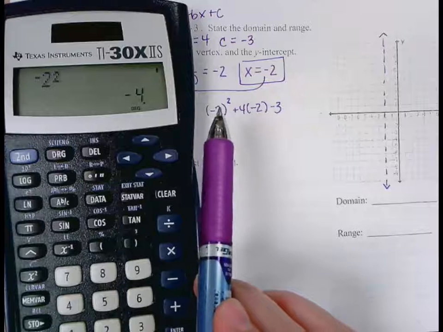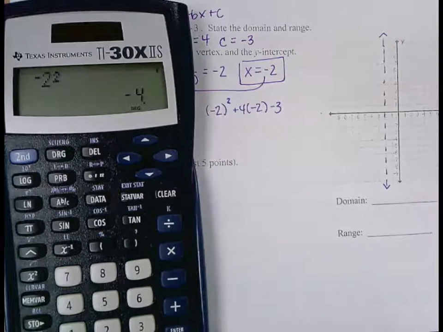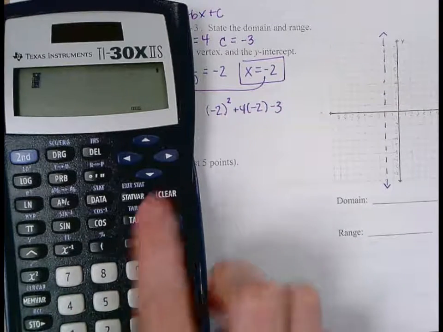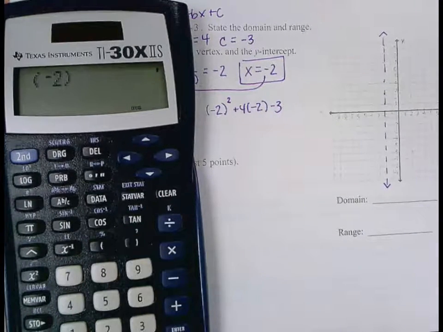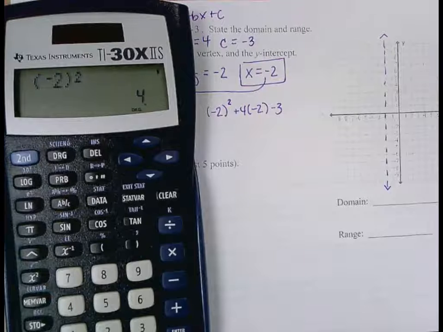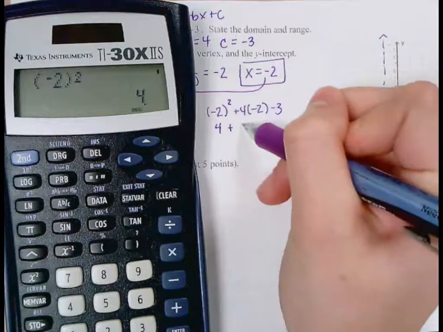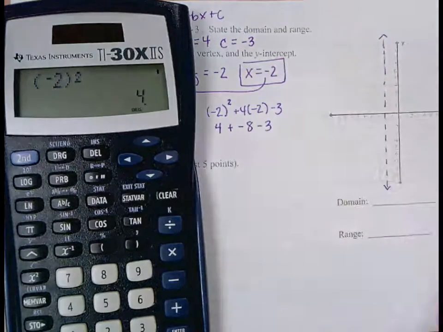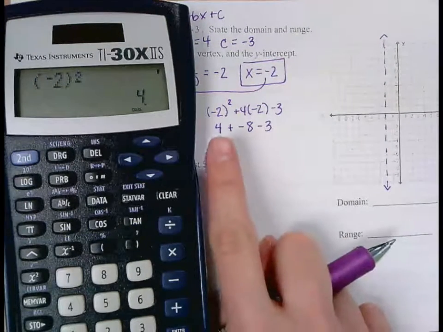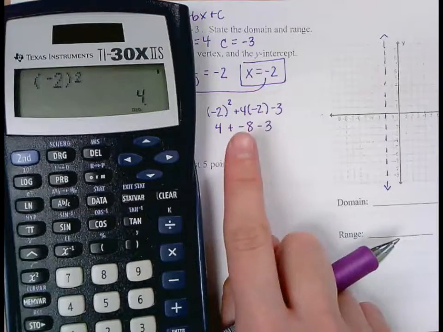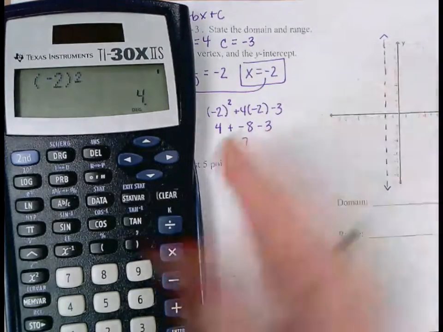If you want -2 squared, either just mentally know that it's positive, or when you type it in, you need to put the -2 in parentheses and then square it. So don't just say, well, my calculator said it was negative, so it must be negative. You have to be smarter than the calculator. So -2 squared is +4, plus 4 times -2 is -8, and then we have -3. So 4 plus -8, that's -4, minus 3 is -7.